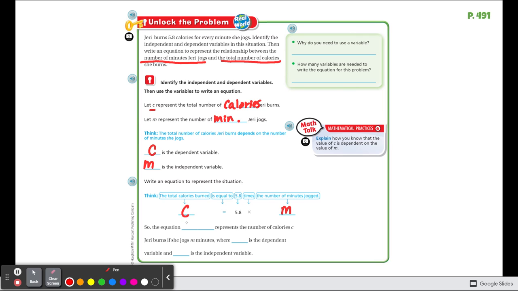So we can squish all of that together and put C equals 5.8 times M. And this represents the number of calories, C, that Jerry burns if she jogs M minutes, where C is our dependent variable and M is our independent variable. Take a second and make sure you have all of this down in your book so that you can look back on it later.